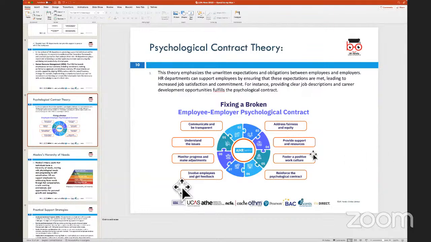So this is one such reason why HR support would be required. When this psychological contract or expectation mismatch happens, you would generally see that HR support would be required.